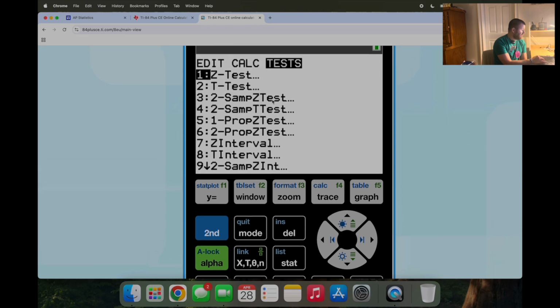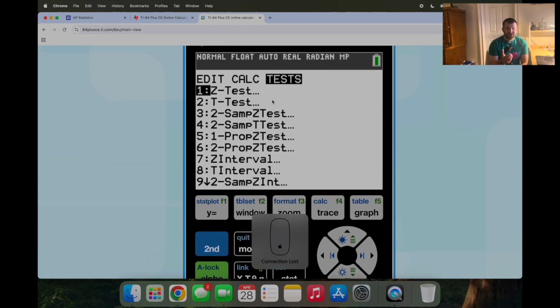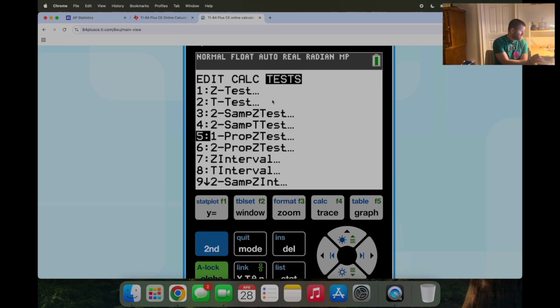Now, the one thing to be very careful of here is that a z-test is not for a proportion. A z-test is for a mean. If you need a test for a proportion, that is the one proportion z-test.